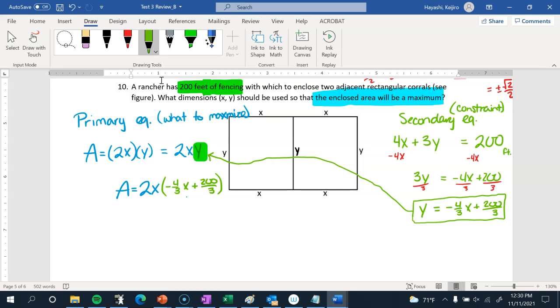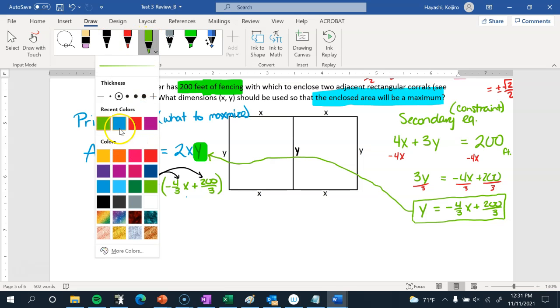So now this area function is no longer in terms of both x and y, it's just in terms of x. You could take the derivative like this, I guess. You could use a product rule, but what would be easier is probably simplifying it by distributing 2x to both of these terms.